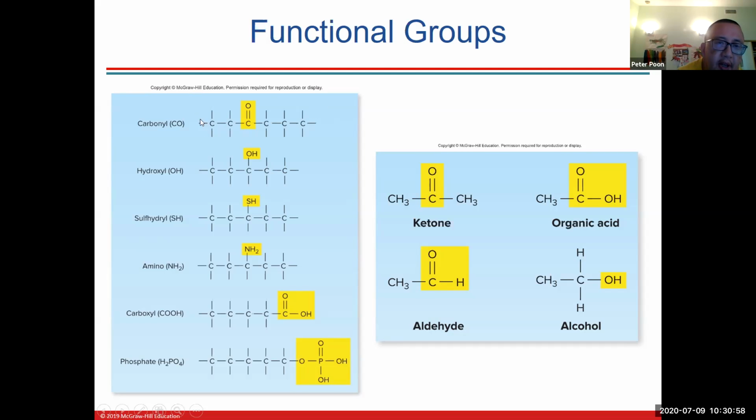You can see that here as well. Here they show the carbons, but they don't label the hydrogens.